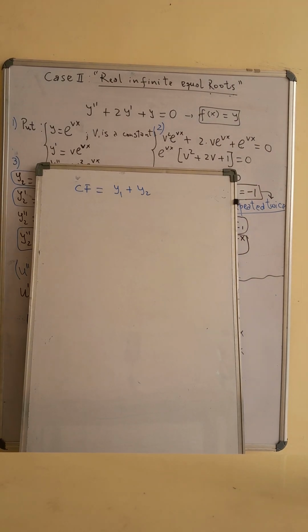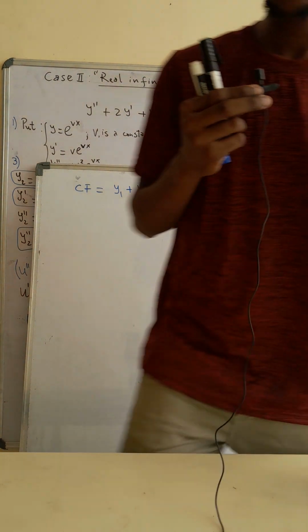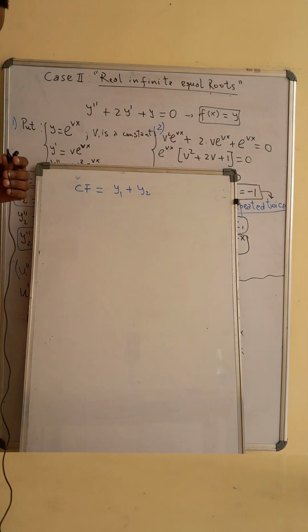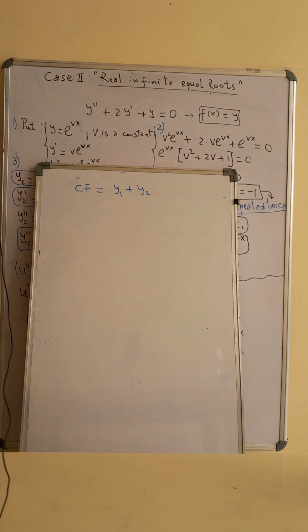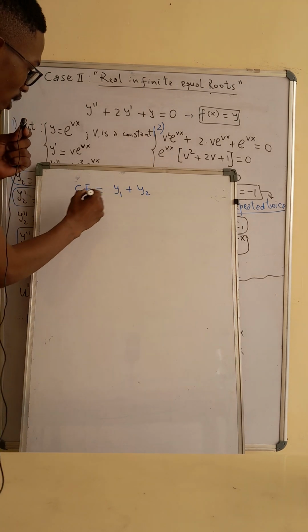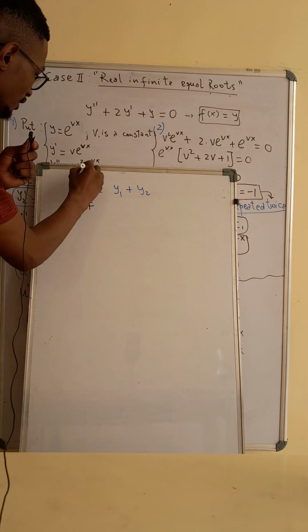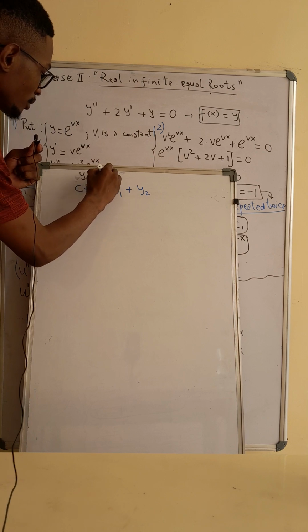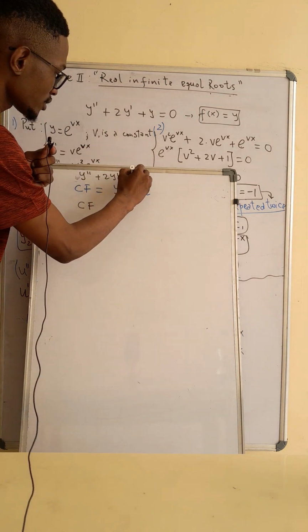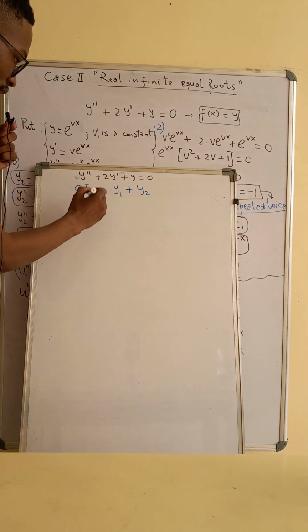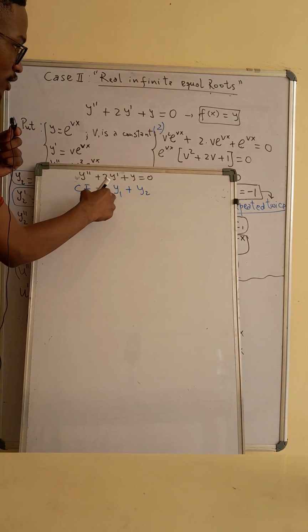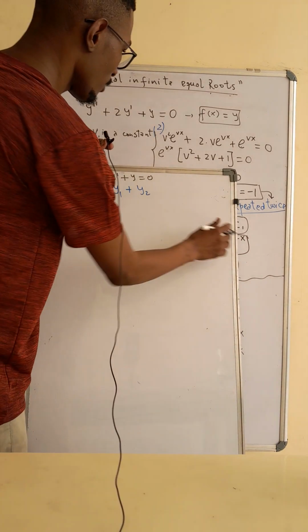Now let me substitute in this. As I told you, what we have to do now that we found, okay, what is y1? The equation is y double dash plus 2y dash plus y equal to 0. What is y1? Y1 we have already found.